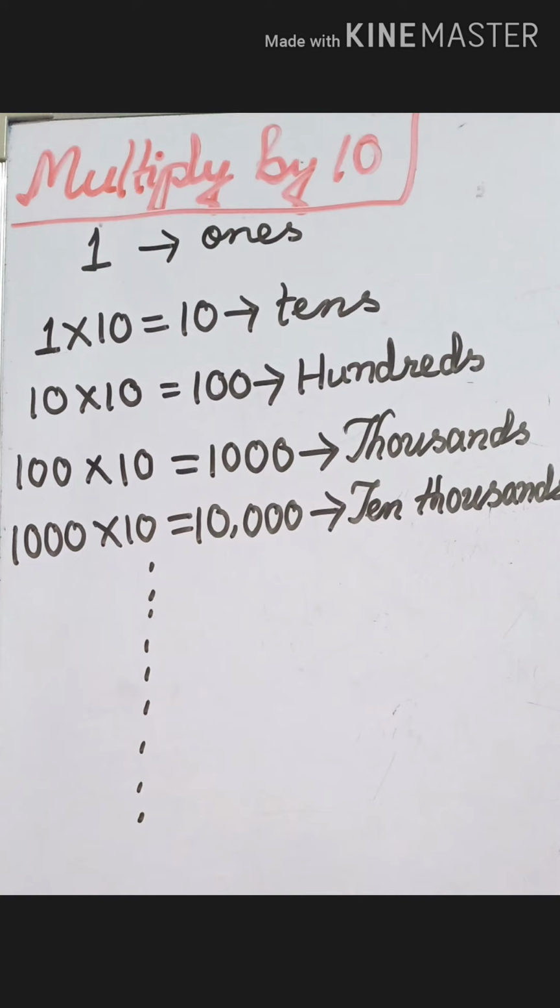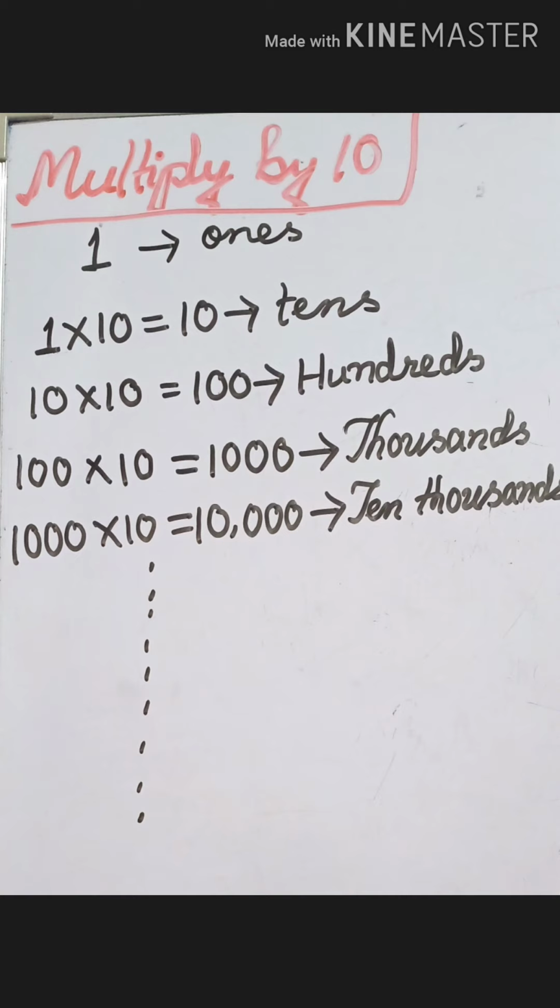But what about the numbers which are less than 1? In the last slide you saw proper fractions and many improper fractions, and they cannot be represented by this method. For example, the proper fraction 1 by 3 is less than 1. But how do we represent 1 by 3 using these building blocks? We can't, because the building block starts with 1.